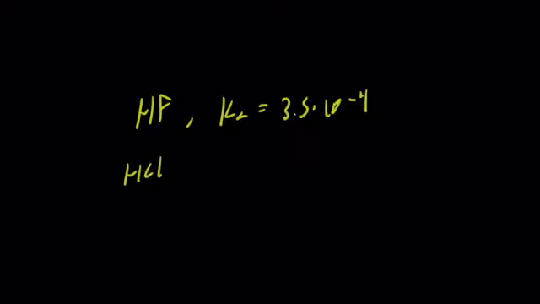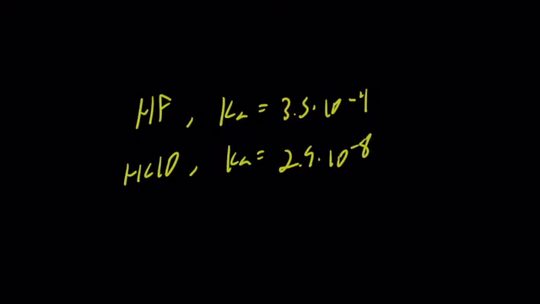Now, we got the conceptual part down. Let's do some thinking here. So say we have hydrofluoric acid, and its equilibrium constant is 3.5 times 10 to the negative 4th. And we also have HClO, where its equilibrium constant is 2.9 times 10 to the negative 8th.